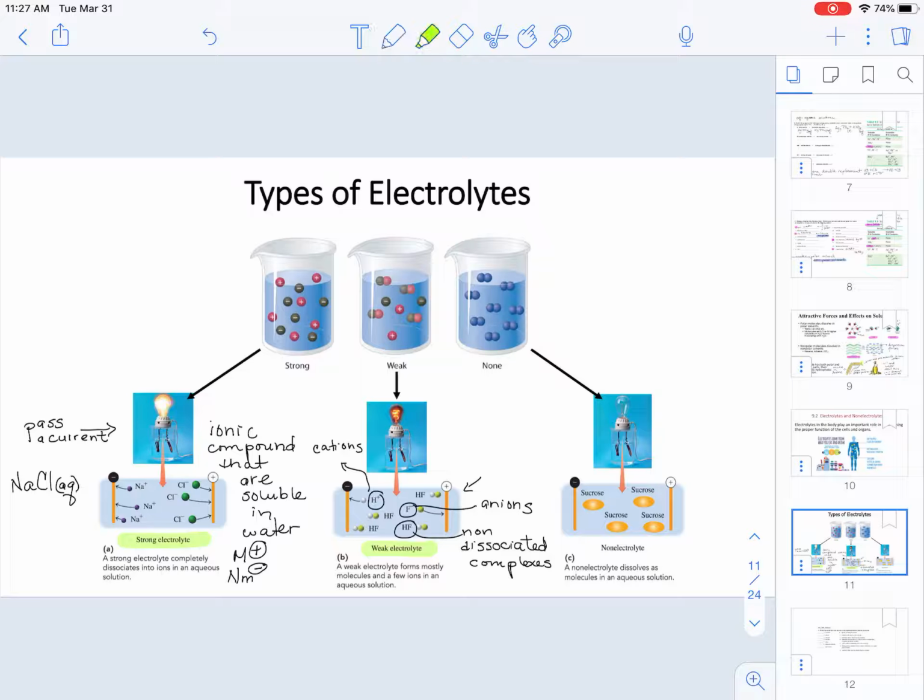Lastly, we have non-electrolytes. These are compounds that do not break into ions in solution. Oh, I should mention that when we have a weak electrolyte and you try to do the same experiment with the light bulb, you only get a dim light.